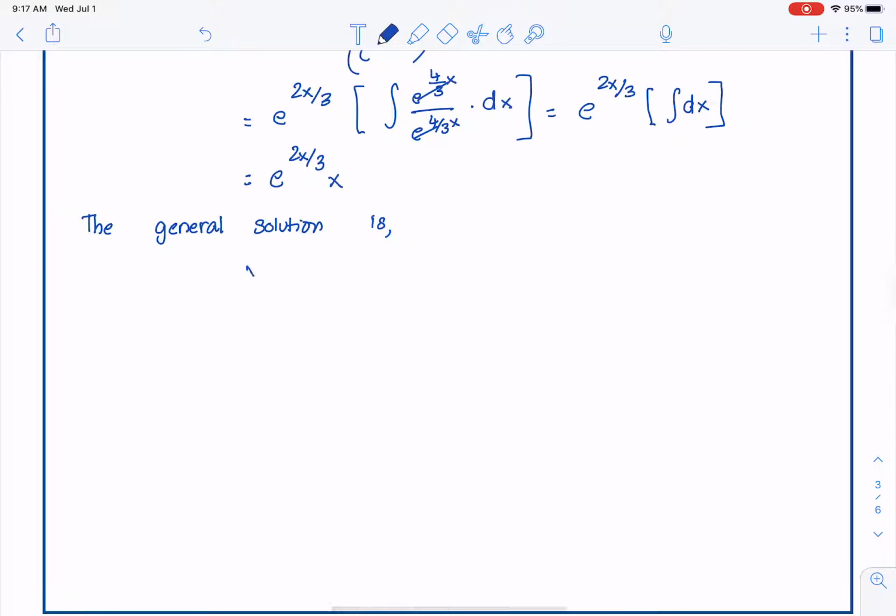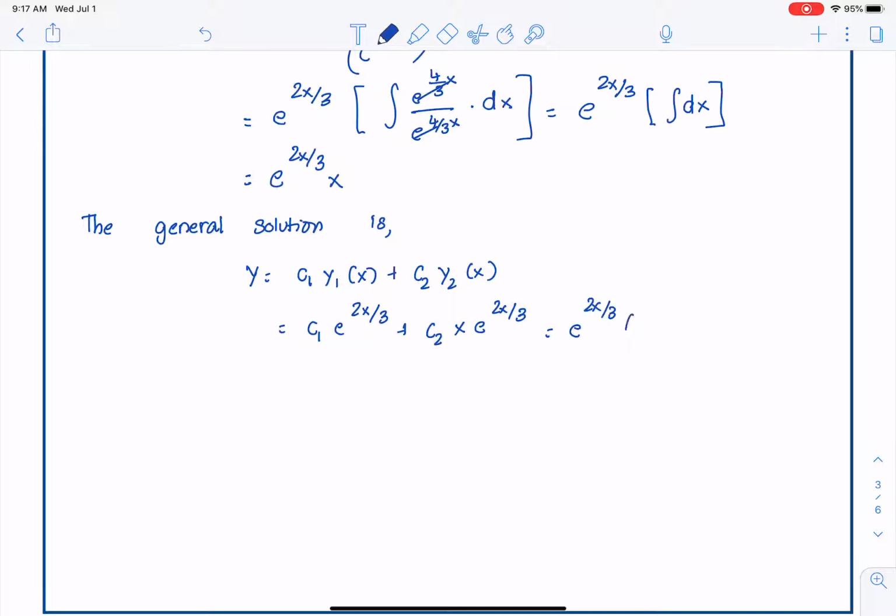Yes. Some constant c1 multiplied by y1 of x plus some constant c2 multiplied by y2 of x, c1 e raised to x over 3 plus c2 x times e raised to x over 3. We have e raised to x over 3 in common, so the solution would be e raised to x over 3 times c1 plus x c2.